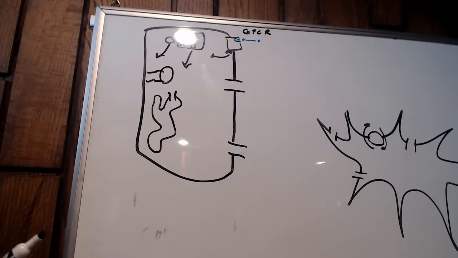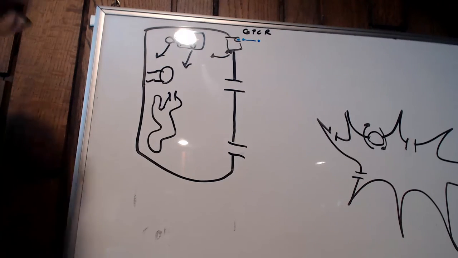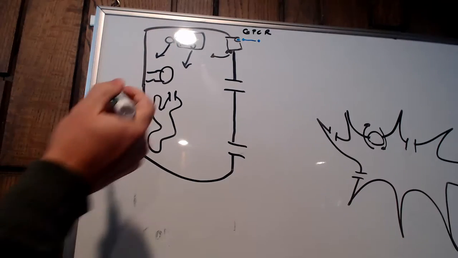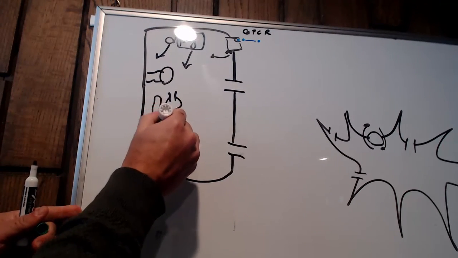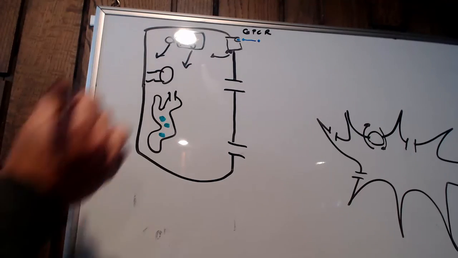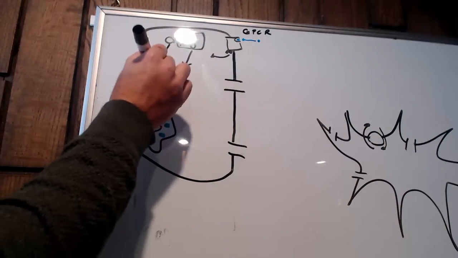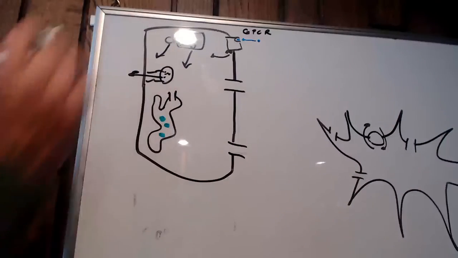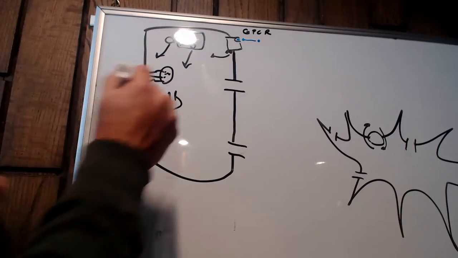We know that when calcium hits a tethering protein, then that calcium is going to cause it to contract and release the goodness, whatever is inside of this vesicle, out of the cell. So when calcium goes to this, then that will happen.